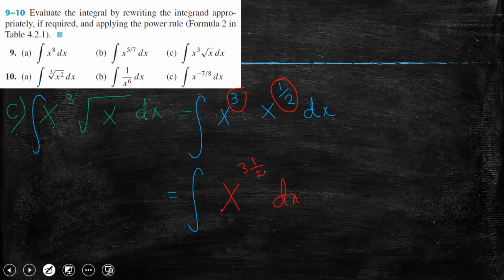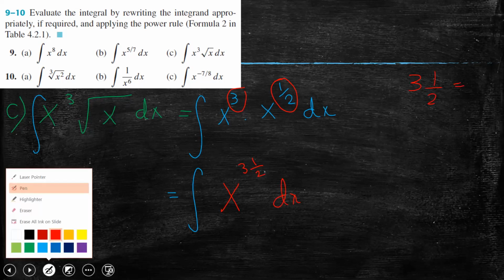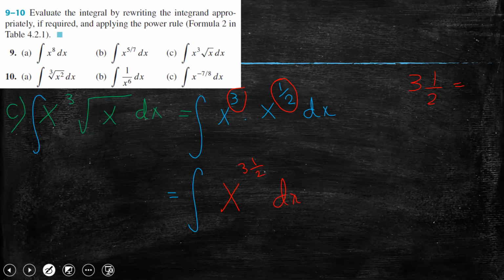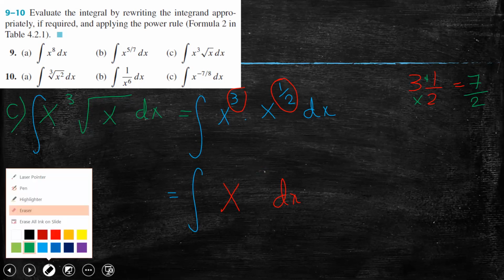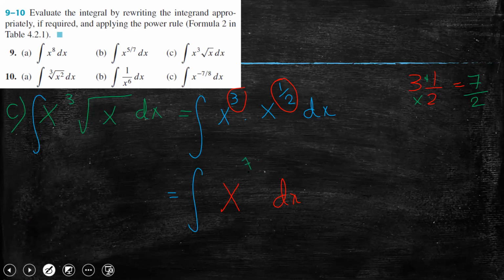And 3 and a half, let's write it now as a fraction, not as a mixed number. So I will multiply, then add. 2 times 3 is 6, plus 1 is 7 over 2. So I can write it as x to the power 7 over 2.